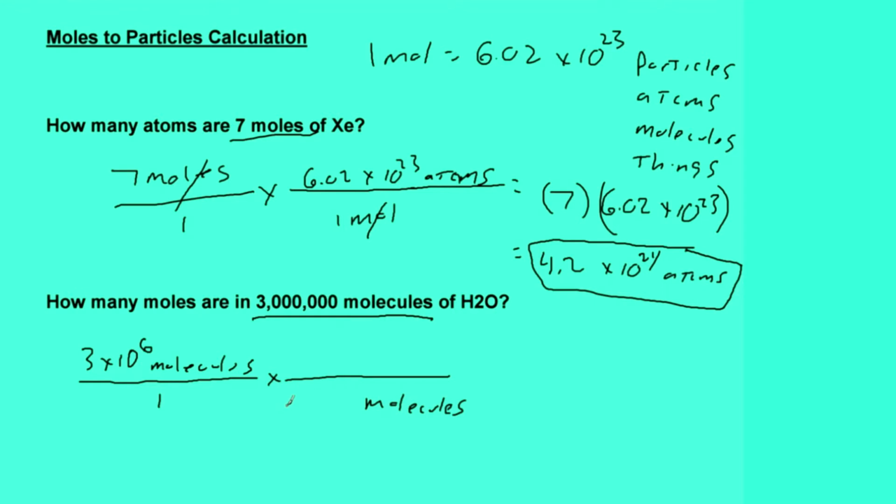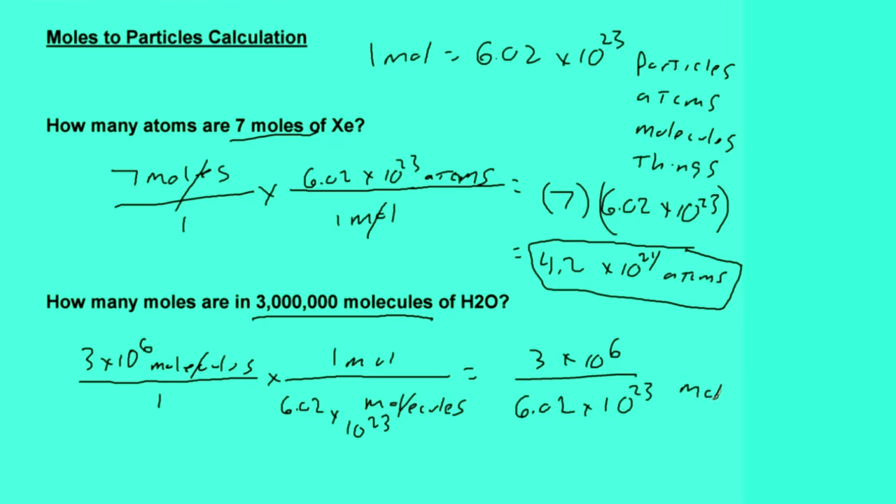We have this many molecules is 1 mole. So now we're going to divide 3 times 10 to the 6 divided by 6.02 times 10 to the 23. Molecules cancels. Our units are going to be in moles. That's good because that's what the question asked. And this comes out to 5 times 10 to the negative 18 moles.